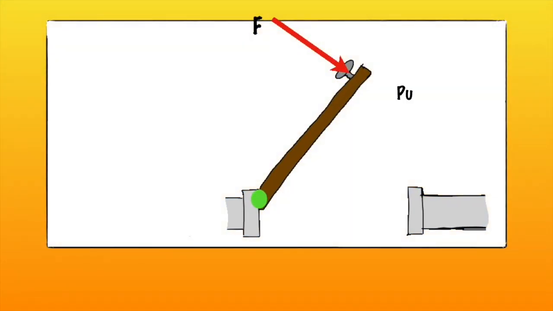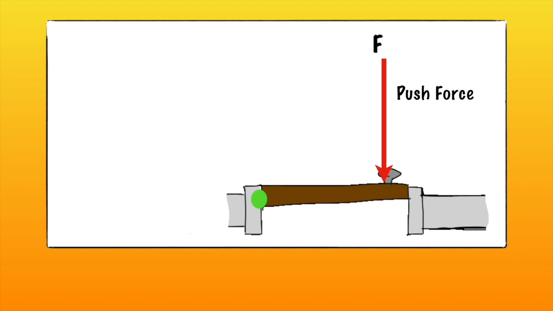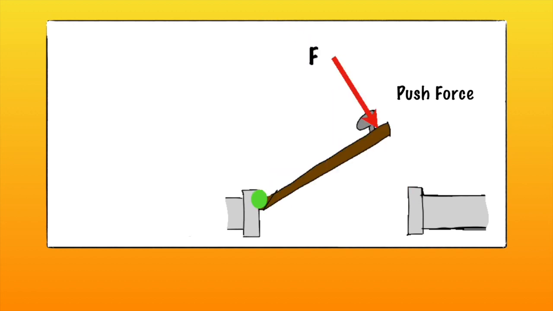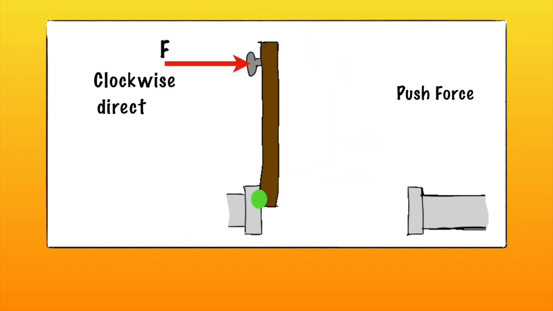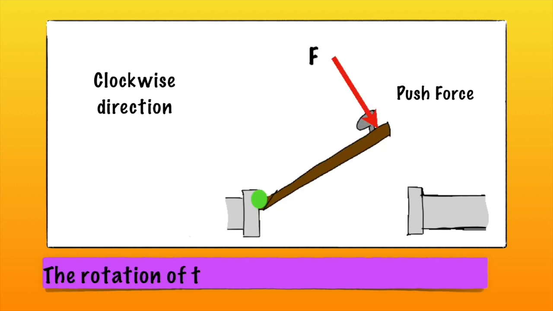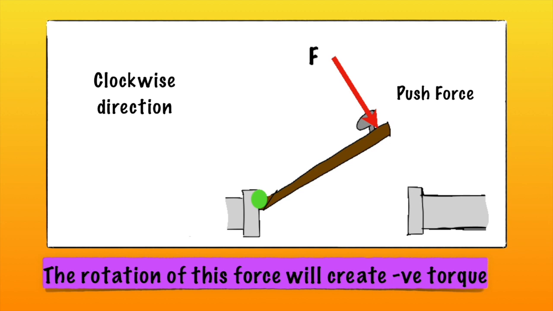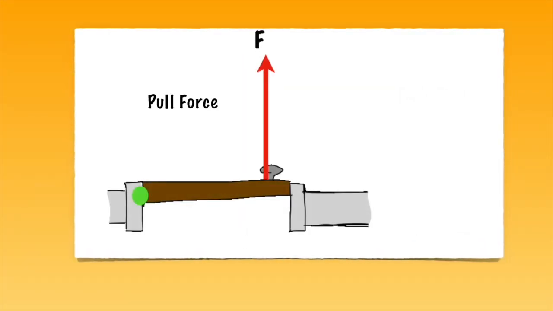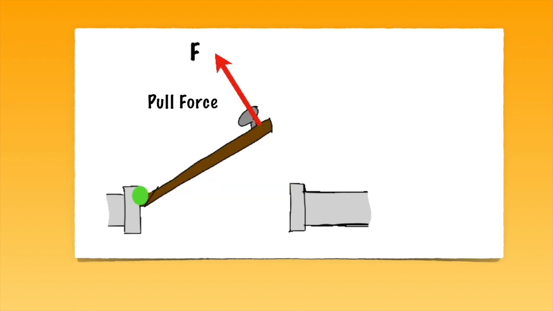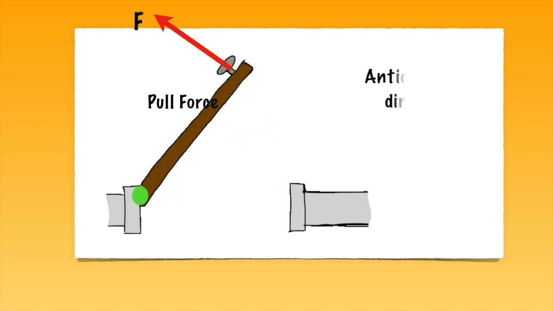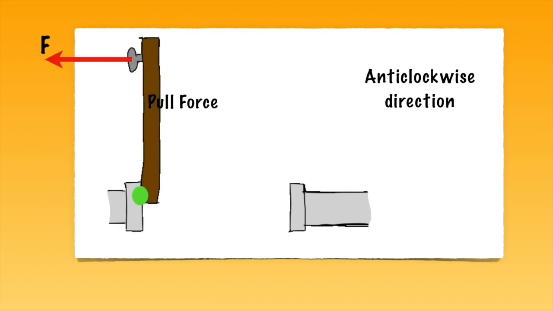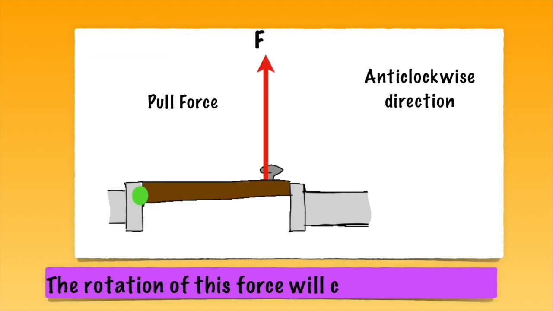When the door is being pushed, the direction of rotation is clockwise. The rotation of the force will create negative torque. While when we pull the door, the direction of rotation is anti-clockwise. The rotation of the force will create positive torque.